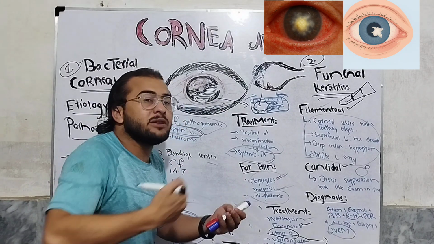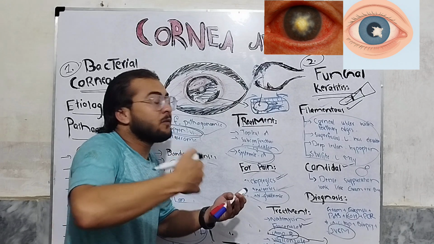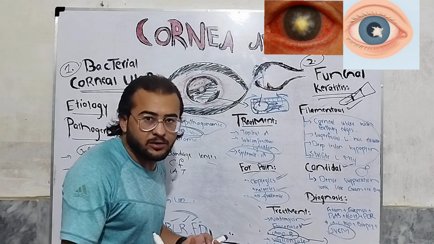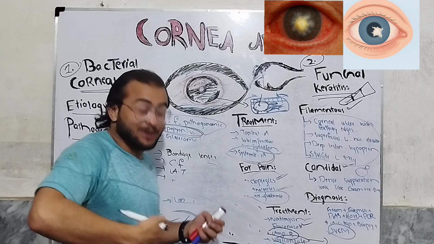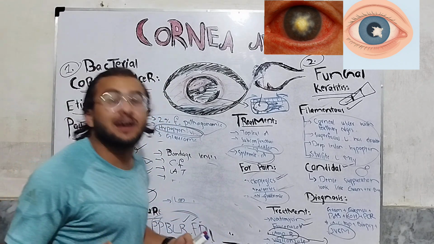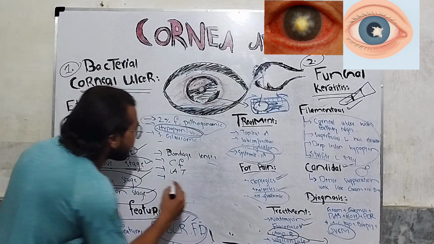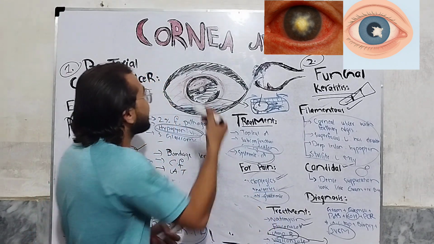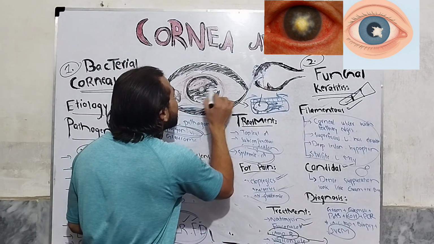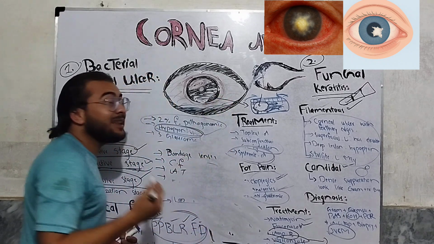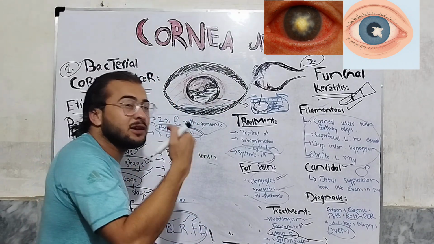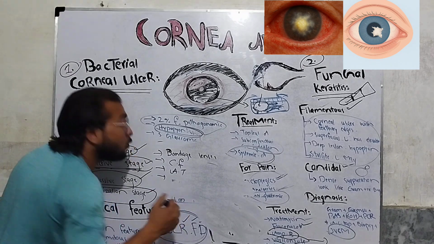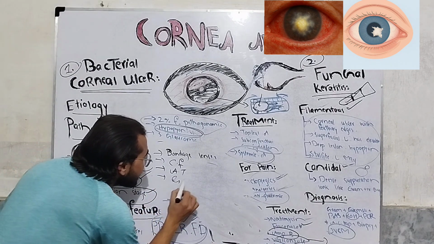The growth factors can be taken from the serum, or from the umbilical cord. From the umbilical cord we can extract the growth factors, and it will enhance the healing of this defective epithelium.